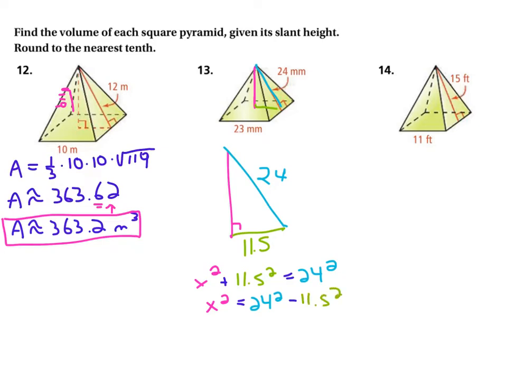Okay, so then if I type that in the calculator, let's see, we've got 24 squared minus 11.5 squared equals 443.75.